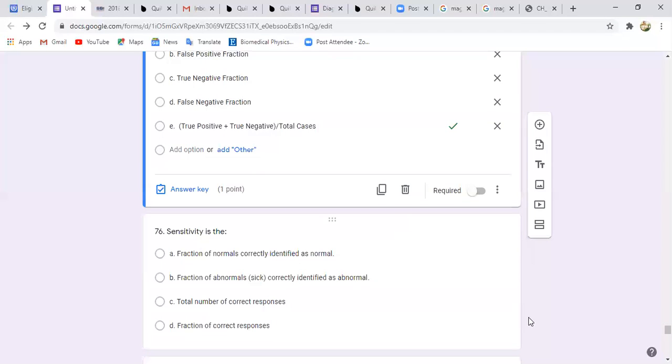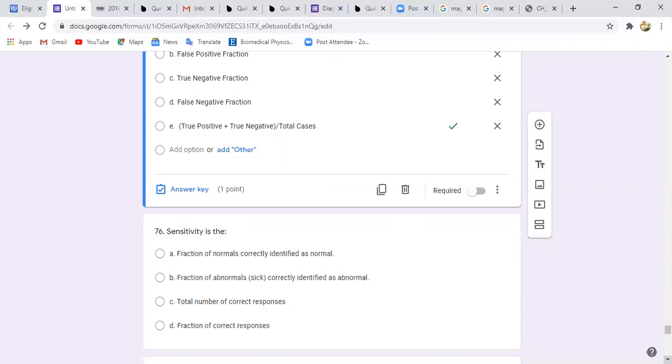How accurate is one. Sensitivity now. I think you might need to go and read up on some of these things. It's actually the fraction of abnormals that are correctly identified as abnormal. The abnormals are the true positives.